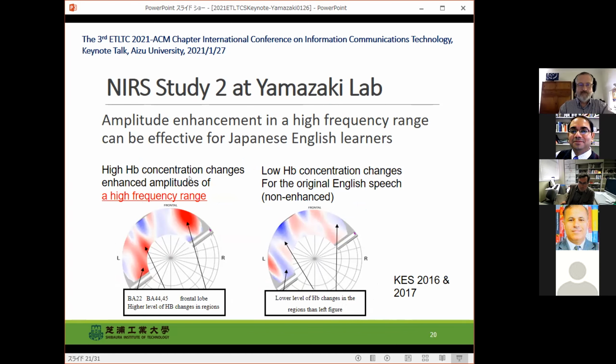We found that our subject students' language area was more activated when they listened to English sentences with enhanced high frequency range. So maybe we could use high frequency enhanced English material to help our students learn English better, maybe.